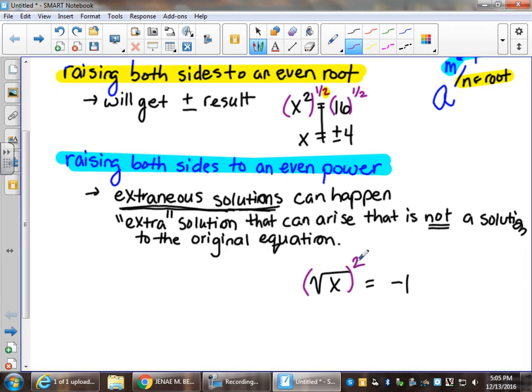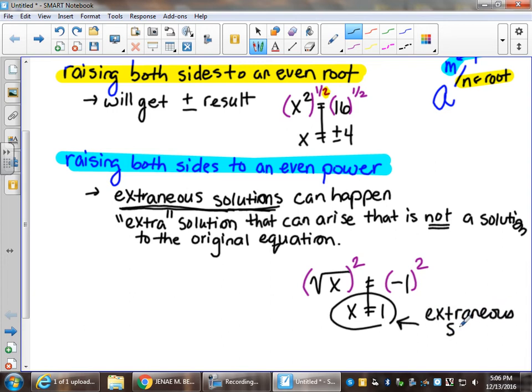That is an even power. When I square both sides, I get x equals 1. But this is a false solution. This is an extraneous solution.